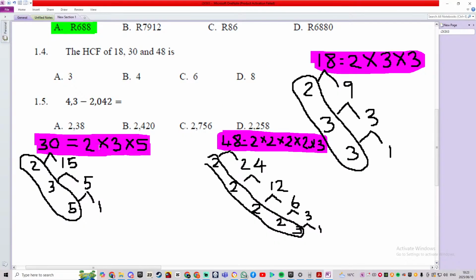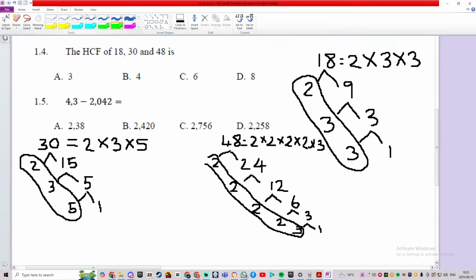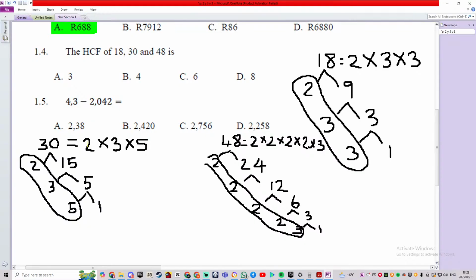No problem, Rio. Okay, I can't put a different color over. So I'm going to have a look. There's a 2 repeating here. There's a 2 repeating there. There's a 2 repeating there.